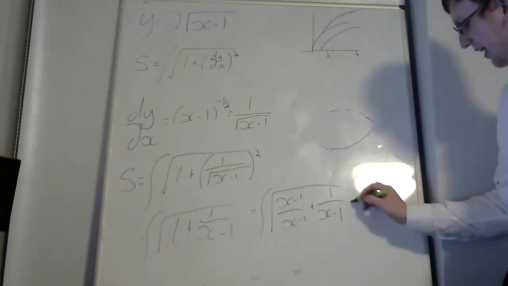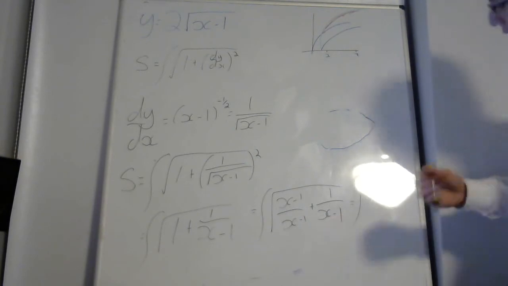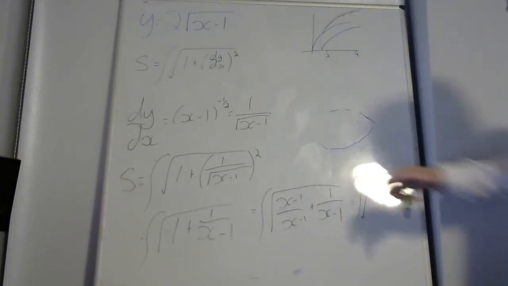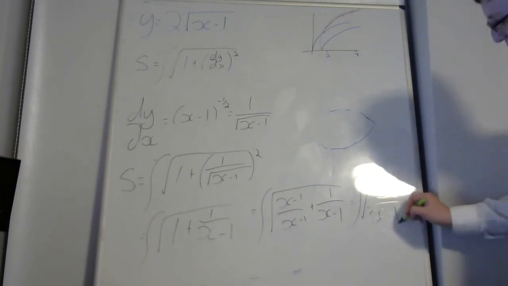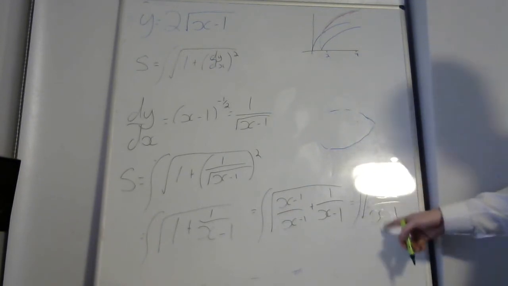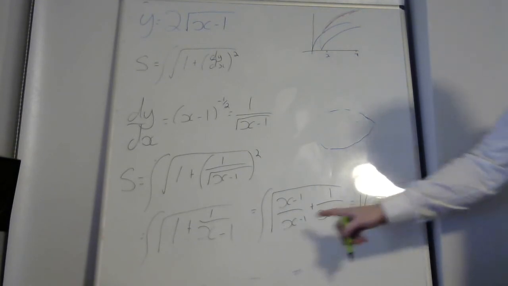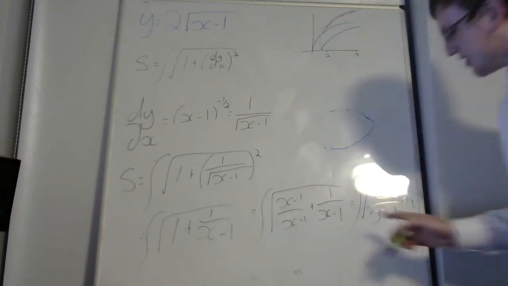Cool. Now my denominators are the same, I can combine the fractions. x minus 1 plus 1 is just x. And there we go: the integral of the square root of x over x minus 1 dx. I forgot all my dx's. Oh my god, if I was one of my students, I would have got slapped by now. That's not true.